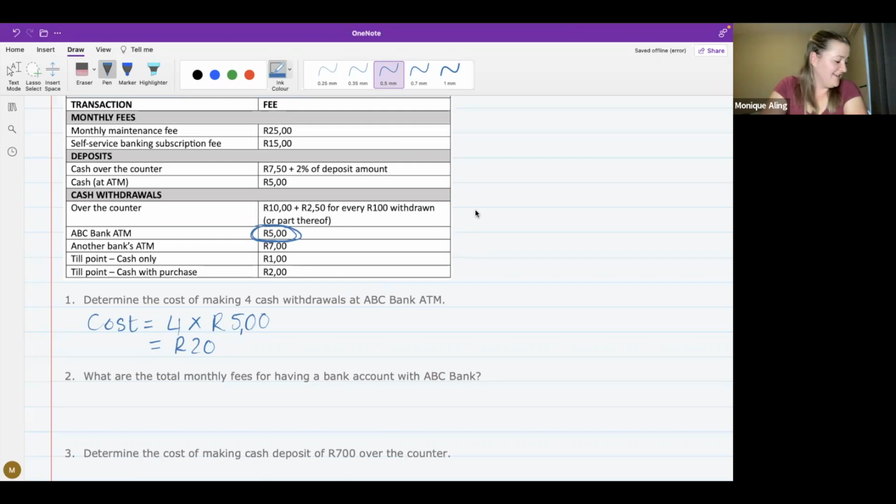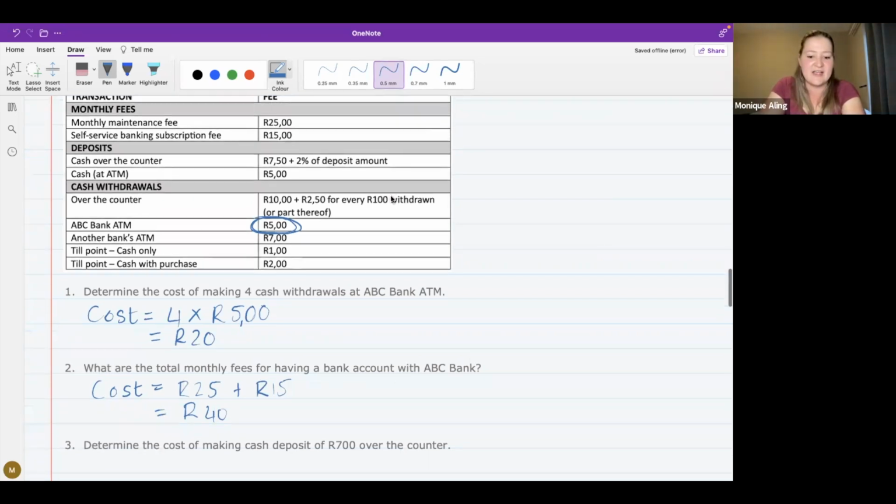Nice. Okay, so the cost for the monthly fees is the 25 Rand plus the 15 Rand, which gives you a total of 40 Rand. So 40 Rand just to have an account with ABC Bank. Every single month you need to pay 40 Rand. Okay, sometimes they might just give you one amount. Sometimes it might be broken down into 2 things like this. So it can be given in various ways. Good, nice. I'm so glad that you guys picked up that you had to add those 2 together.